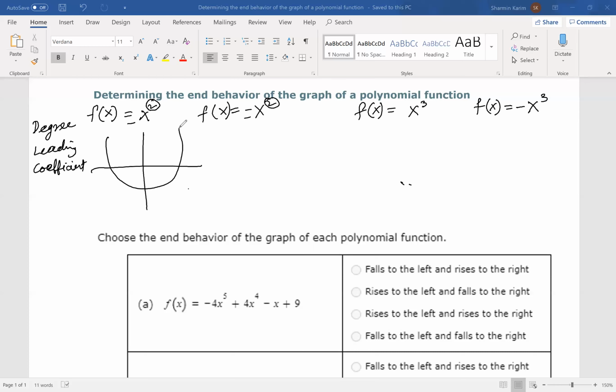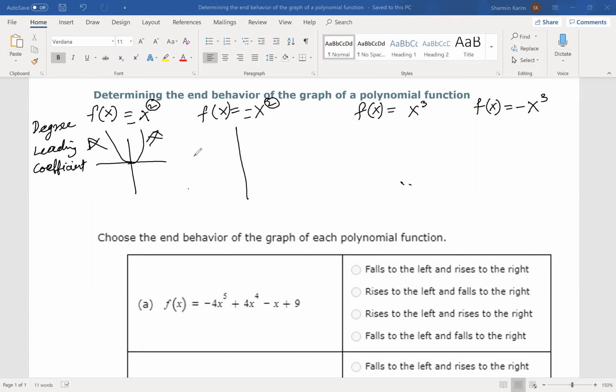That means actually, if I graph this function, let me regraph. It will be like this. So we can see from the left side, it rises to the left, it rises to the right.